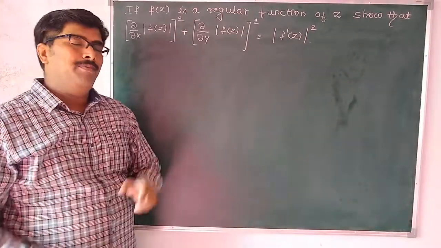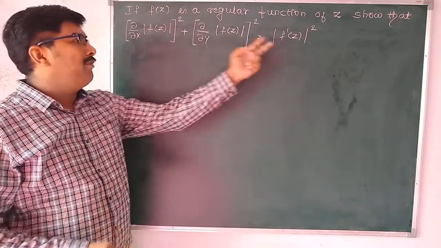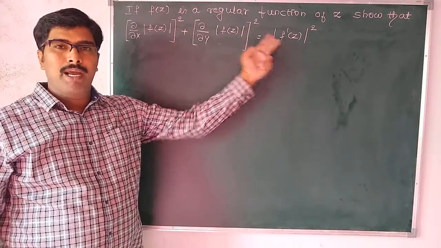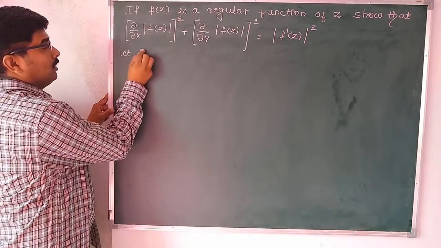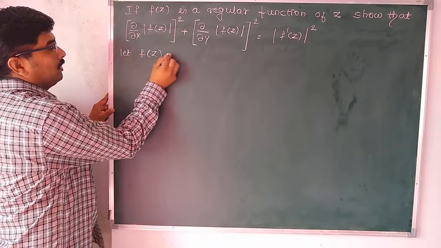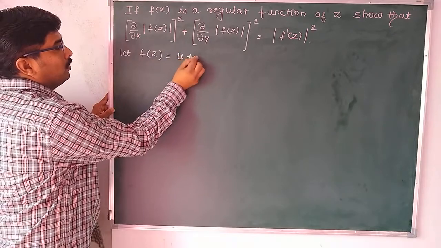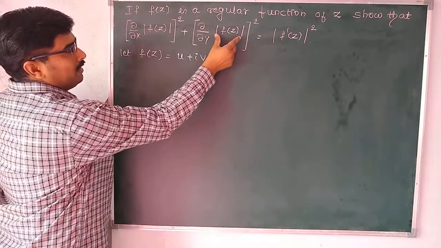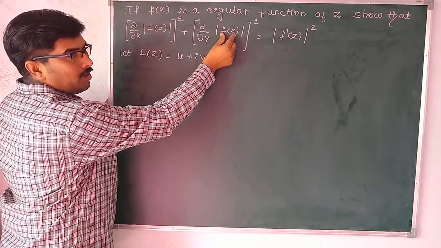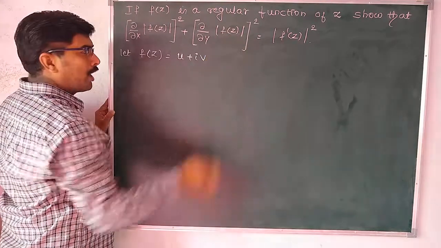So to prove this, we know that f of z is a complex number and we can write it as, let f of z is equal to u plus i v. Now you can find the value for mod f of z.